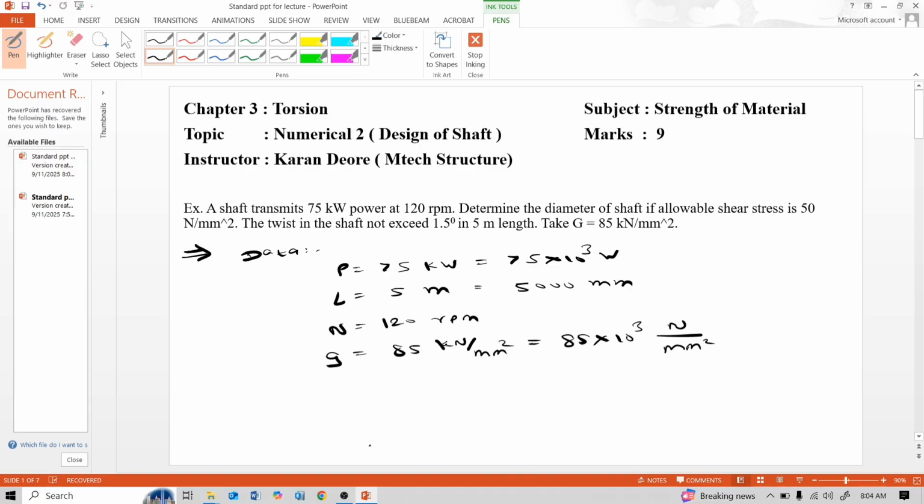Only the kilonewton is converted into Newton, the mm square is the same. 1 kilonewton is 1 into 10 raised to 3 Newton.